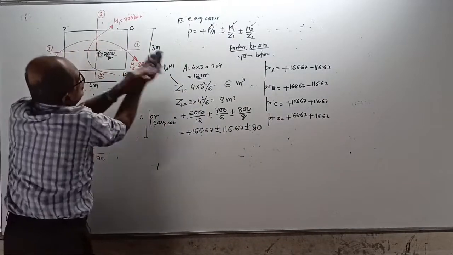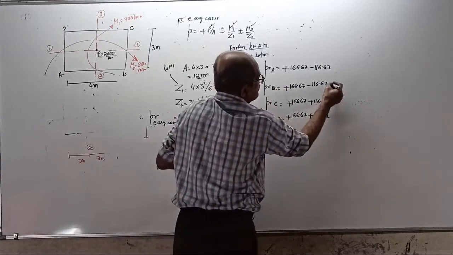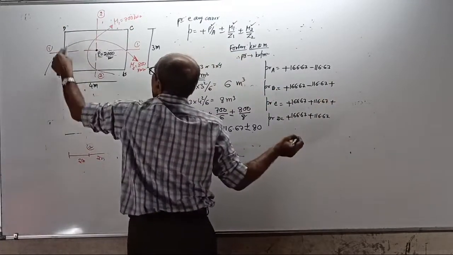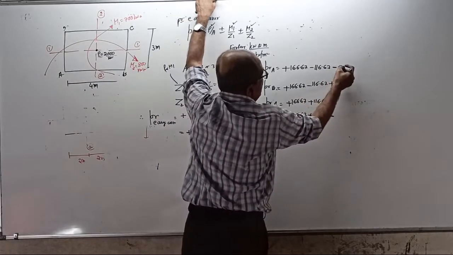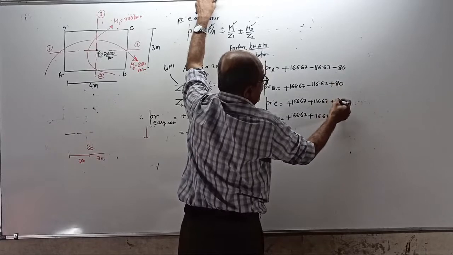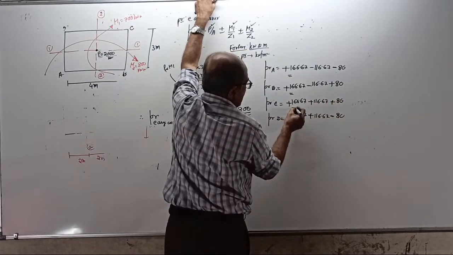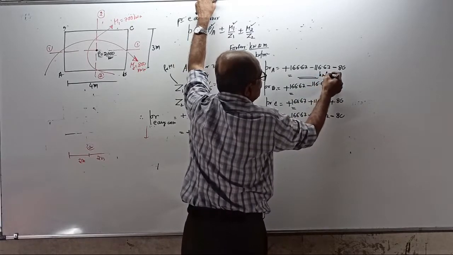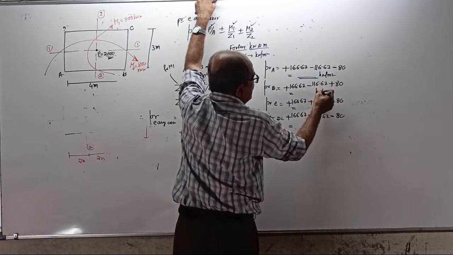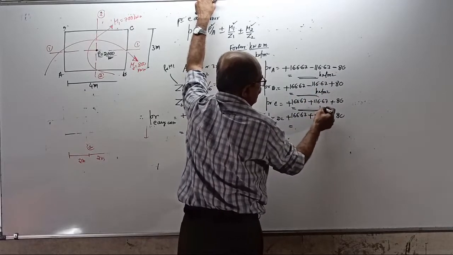M2 is this way: B and C plus, A and D minus, 80 each. Every answer is in kilonewton per meter square.